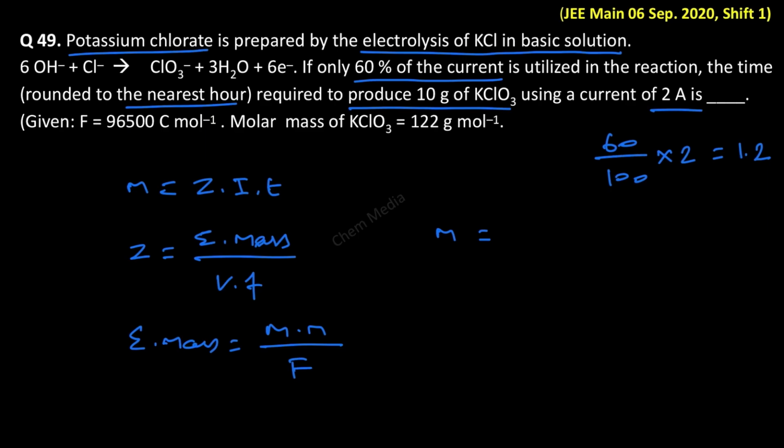Therefore, mass is equal to molar mass times current times time divided by valency factor times Faraday constant.